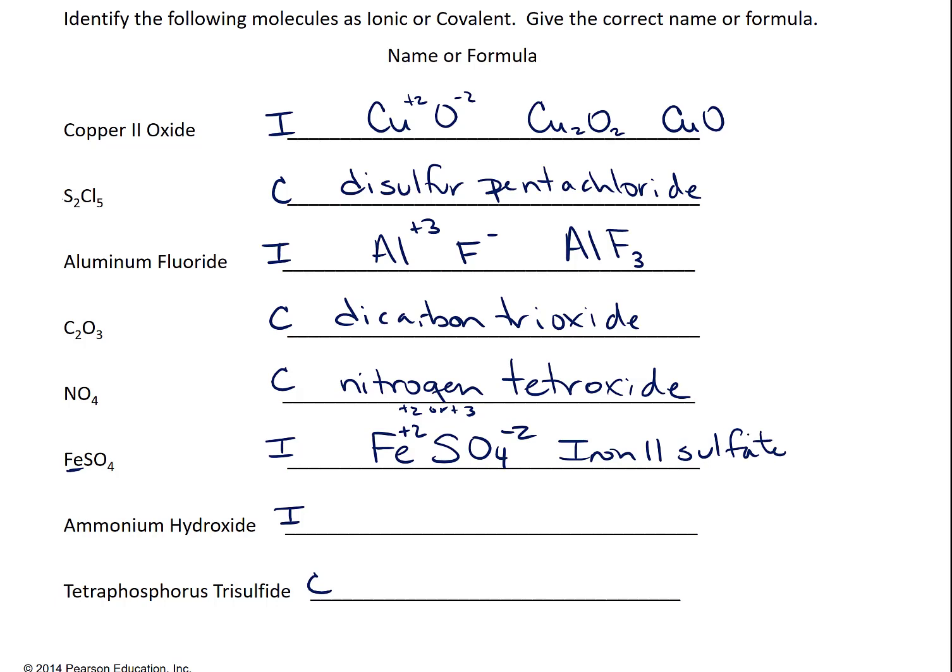So in this one, I need to figure out the charges so that I can figure out what the correct Roman numeral would be. Whereas ammonium hydroxide, ammonium is NH4+. The hydroxide is another polyatomic. So here I have 2 polyatomics stuck together. And notice that it's a 1-to-1, so it would just be as it is, NH4OH.